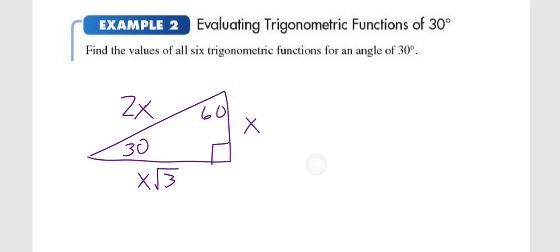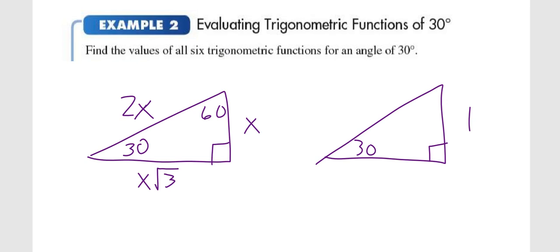Okay. So let's make our lives easy here and make this a 1. What does that mean about my hypotenuse? 2. Nice job. What about the long leg at the bottom there? Radical 3, thank you.